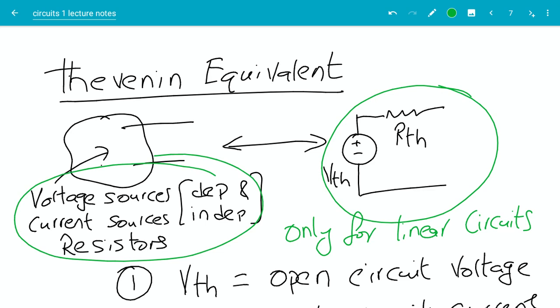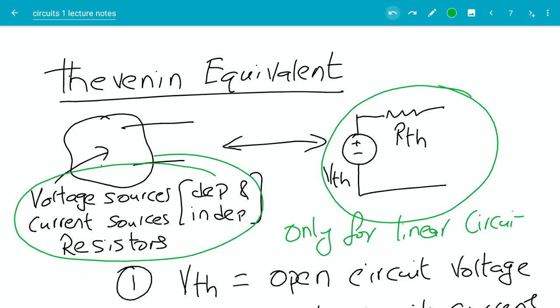That is why these are linear circuits, and this is only possible for linear circuits. I'm not going to go into details on how you can prove that, but for the purpose of this course, you need to know that if this is a linear circuit, you can replace the entire circuit by something which looks like that.